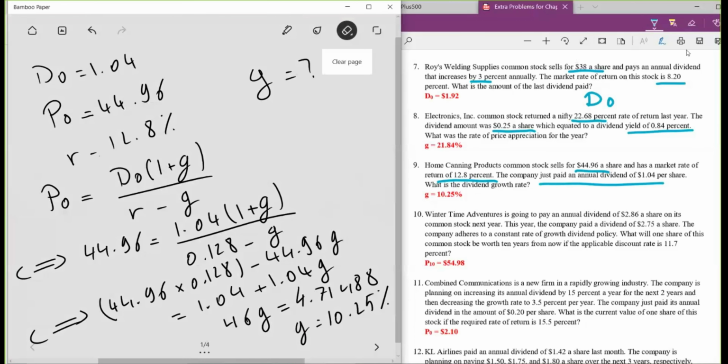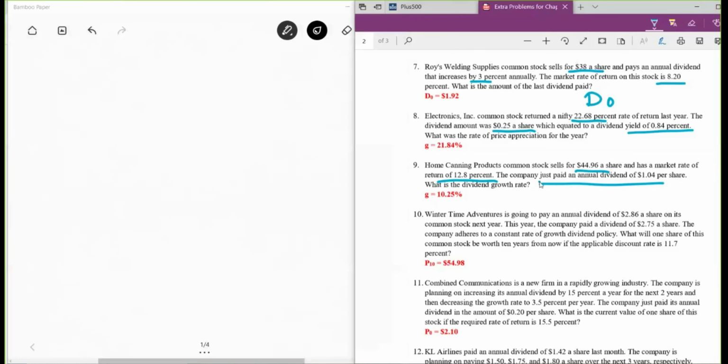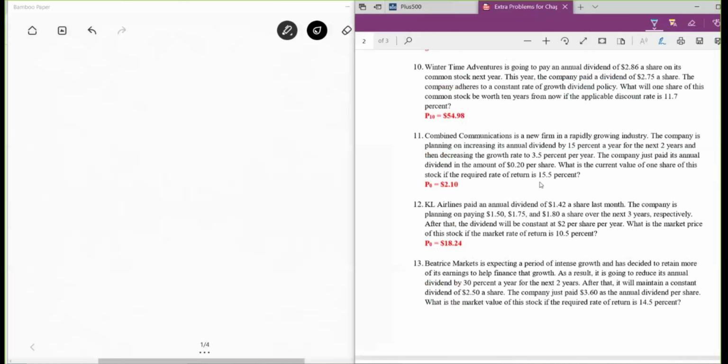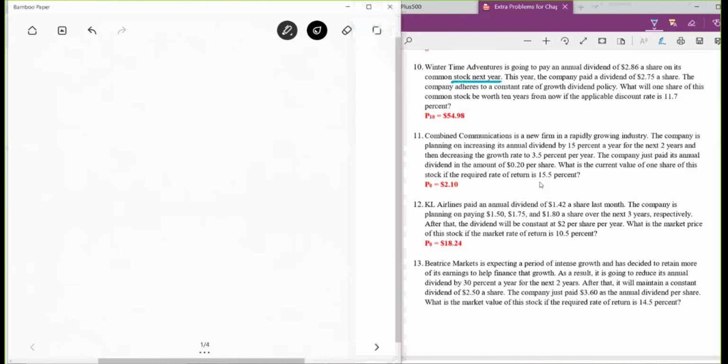Now I move to number 10. Wintertime Adventures is going to pay an annual dividend of 2.86 on its common stock next year. So this is D1 equals 2.86. This year the company paid a dividend of 2.75.